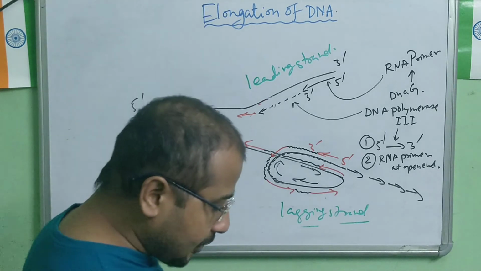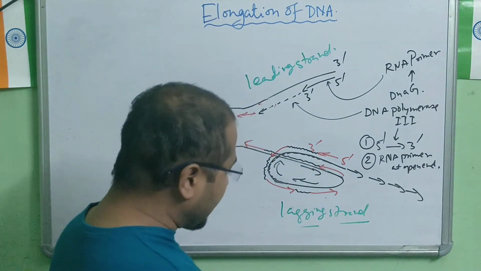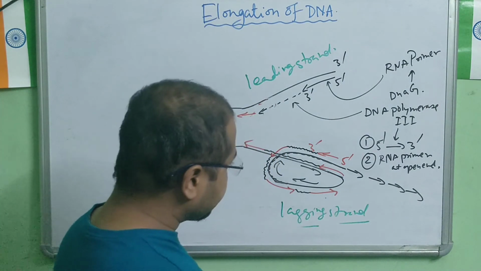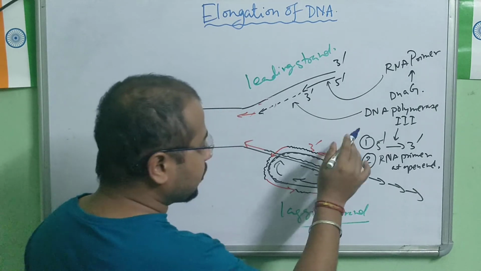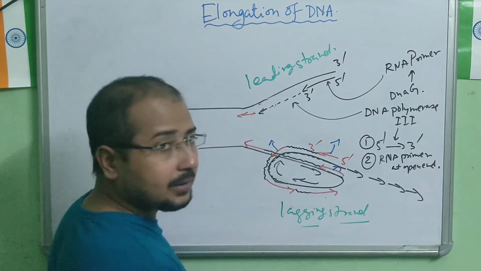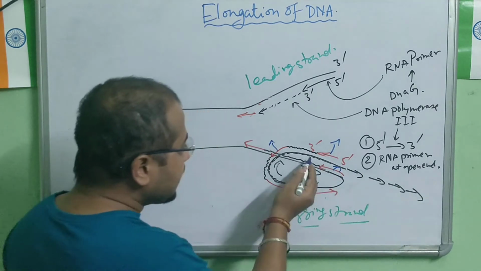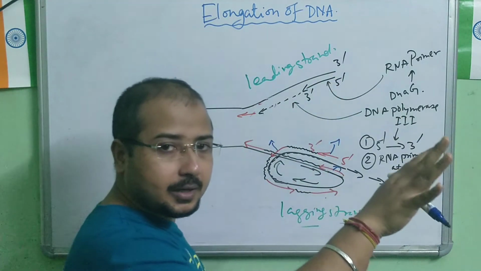This cleaving of RNA primer is done by one enzyme. The RNA primers will be taken out and removed from here once the polymerization is done in between. Understood?